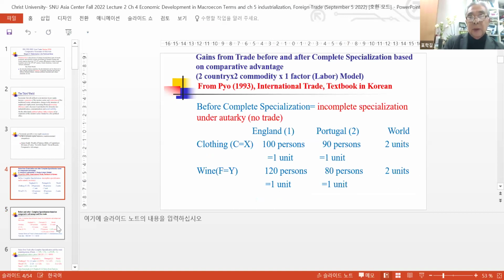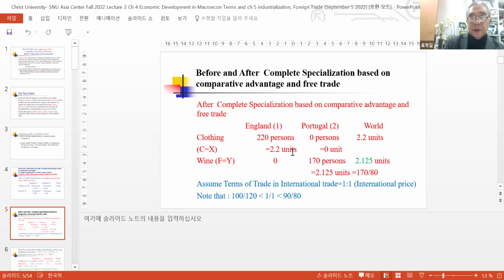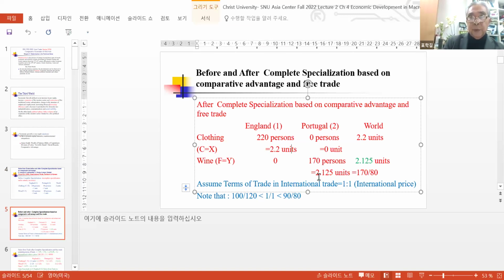But if now England produces 2.2 units and Portugal produces 2.125 units, and if they can trade 1-to-1, England's welfare has increased to 2.2 units of clothing and wine, and Portugal's from 2 units of clothing and wine to 2.125 units of wine.